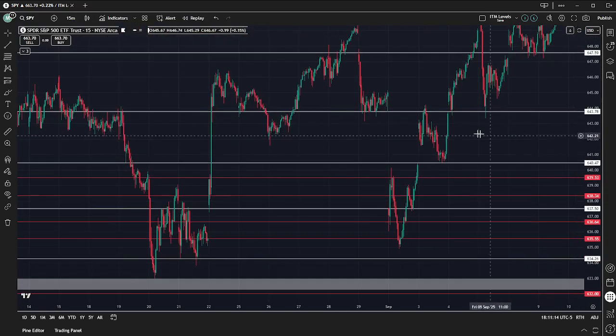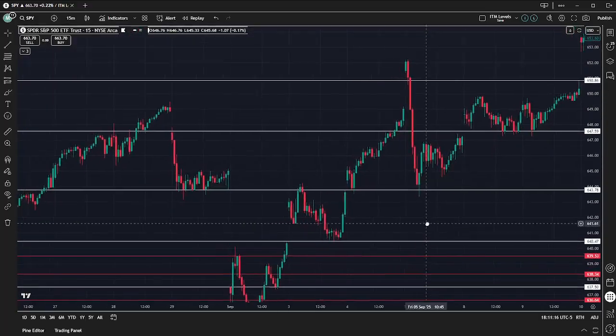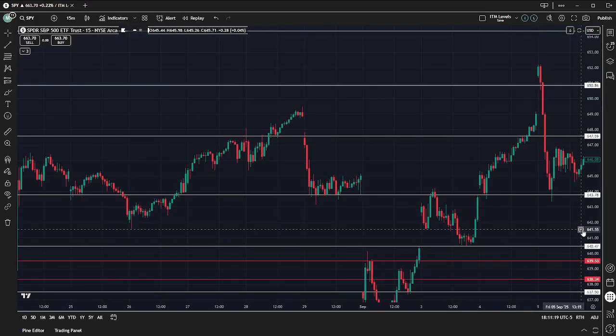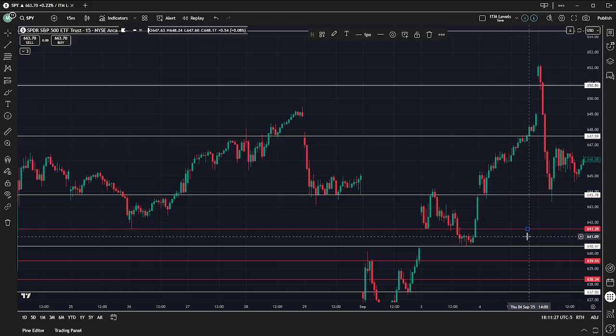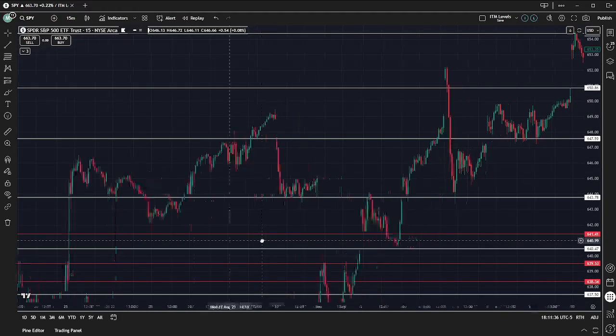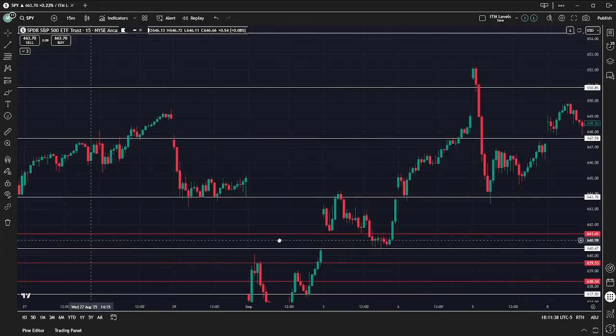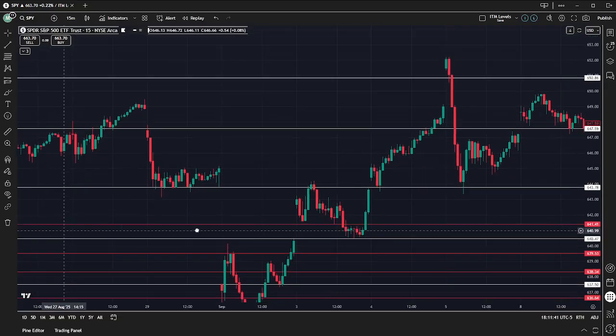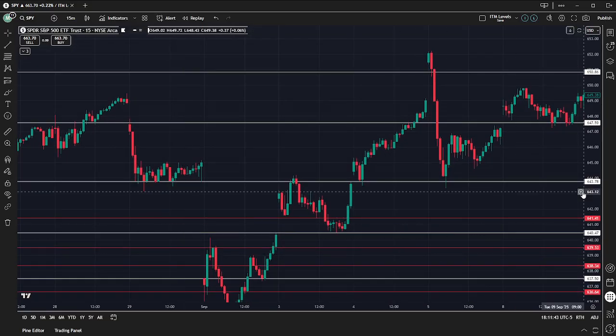Since we already got our levels, I'm just gonna use the most recent price action we've had to get our supply and demand zones off these levels. So my demand zone above 640.47 is between 641.59 and 641.41 and 640.47.